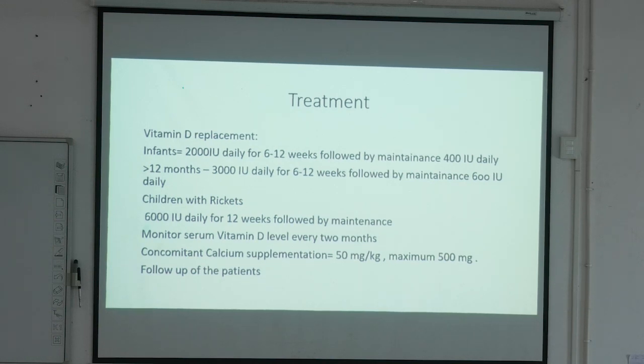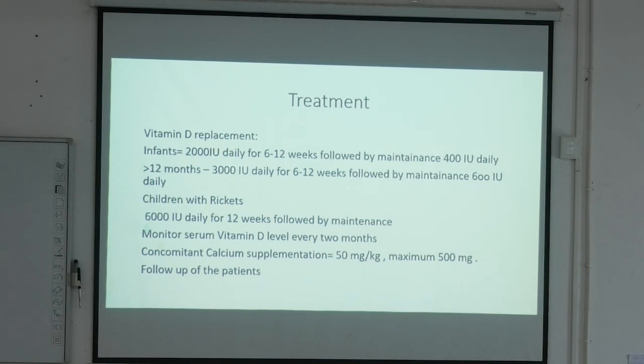If not, we can repeat another dose of 6 lakh units after another month. If still there is no improvement, it is resistant rickets, vitamin D resistant. That is called STOSS therapy, but therapy with that high dose is obsolete. STOSS therapy is still there, but not with such a high dose of vitamin D.